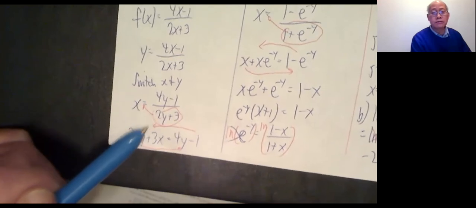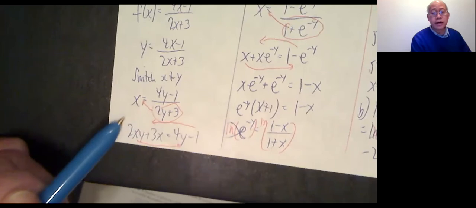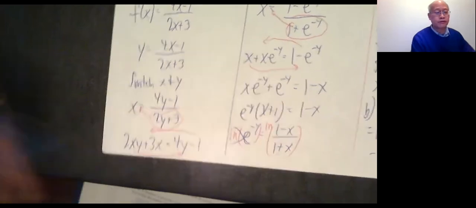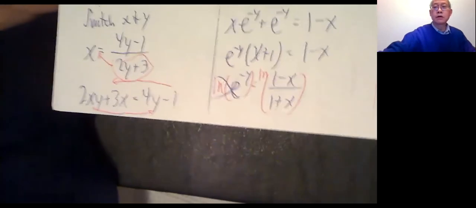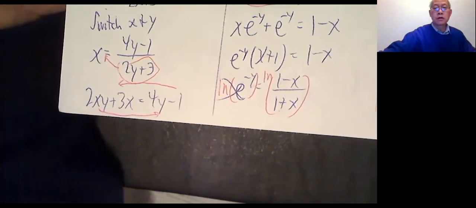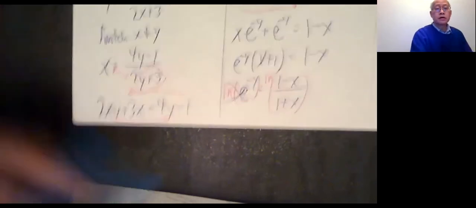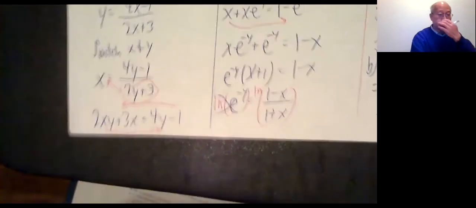Okay, so multiply both sides by 2y plus 3. So this becomes 2xy plus 3x equals 4y minus 1. I'm going to try to raise it up for you there. Okay, so now solve for y.